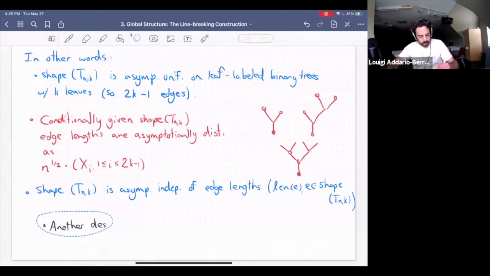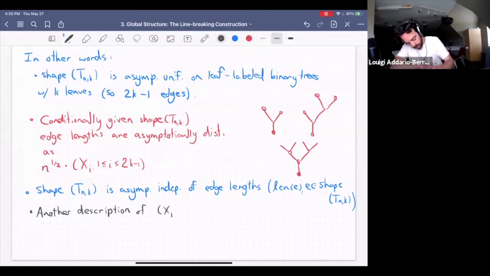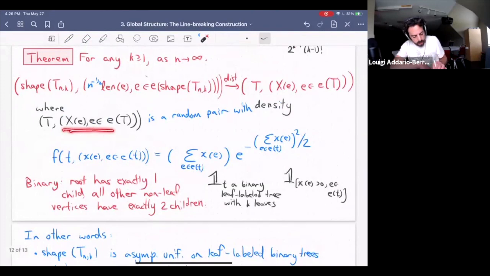The last comment I want to make before giving you a bit of an idea of the proof is that there's an alternate description of the limiting vector x_e, e in the shape T. It's natural in this statement to index the edge lengths by the tree.